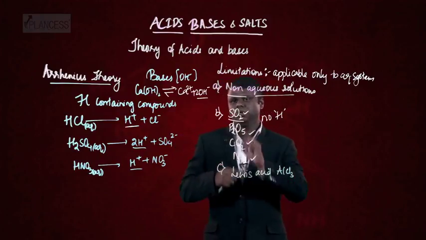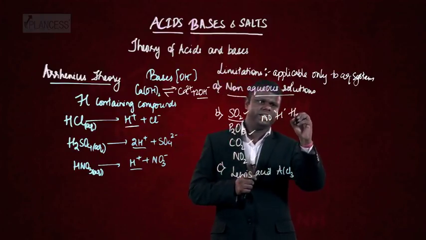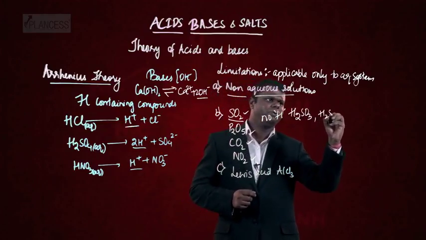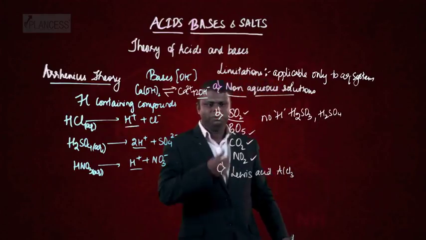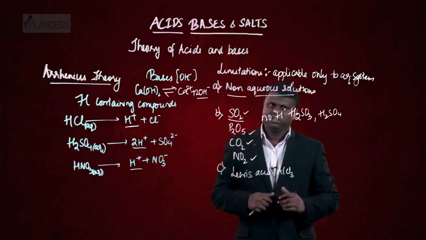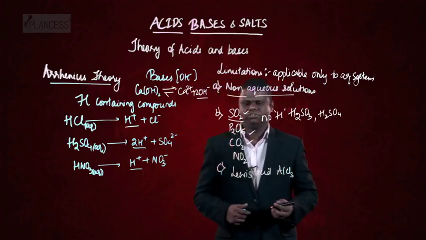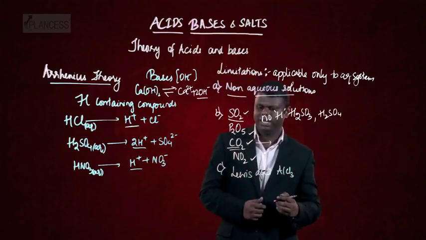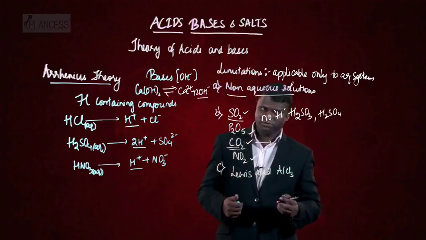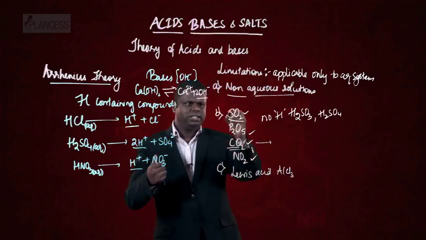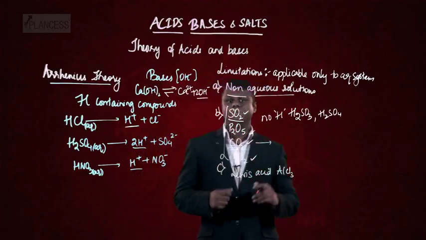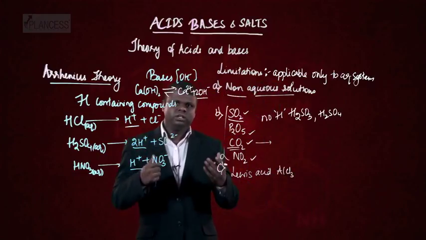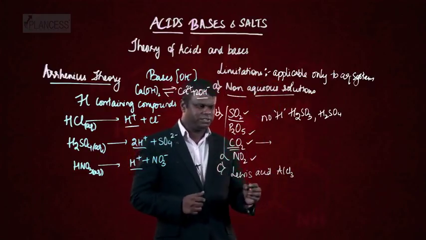You have SO2 dissolved in water forms H2SO3 sulfurous acid and sulfuric acid, which is H2SO4. Similarly, P2O5, it forms phosphorus acid and phosphoric acid. Carbon dioxide forms a weak carbonic acid. NO2, it forms HNO2, HNO3. These compounds don't contain hydrogen, but still their aqueous solutions are acidic. Arrhenius had no explanation regarding these aspects.